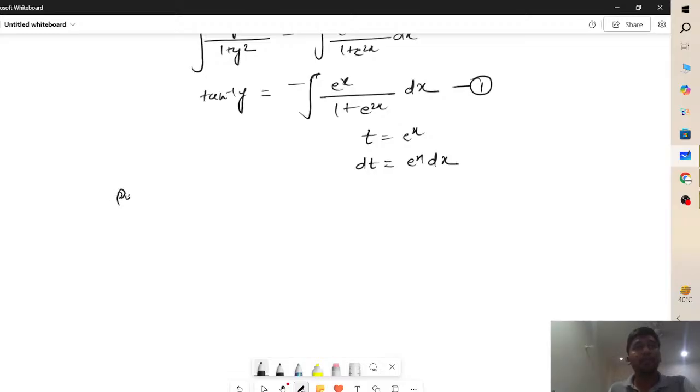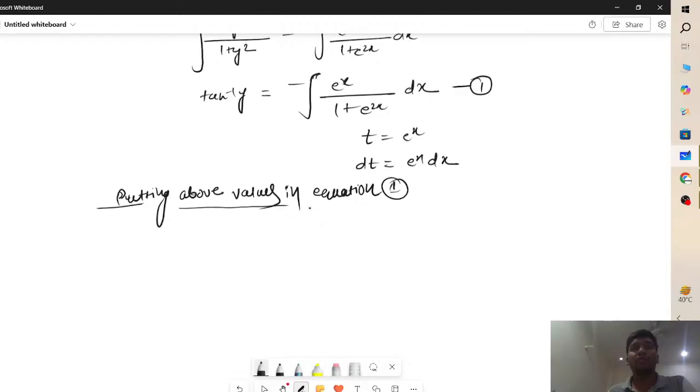Putting the above values in equation 1, what we get?